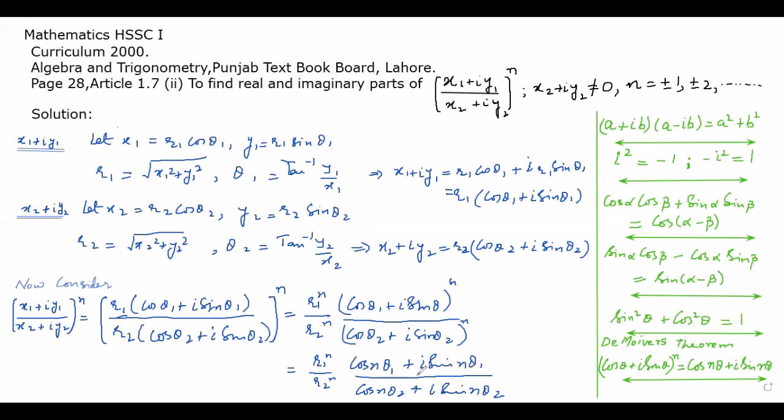Now in the next step, we are going to multiply the denominator by its conjugate, that is cos nθ2 - i sin nθ2.